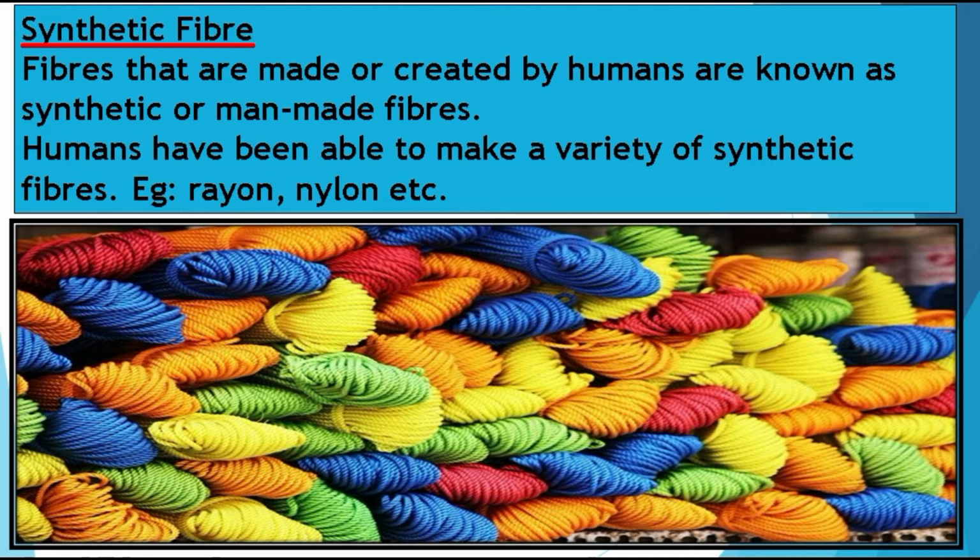Examples of synthetic fibers are rayon, nylon, etc. And students, there is one more important point you should know: polymers are also found in nature, and the best example is cellulose. Cotton is a polymer called cellulose, and this cellulose is made up of a number of single units called glucose. Now let's move on to the next slide.